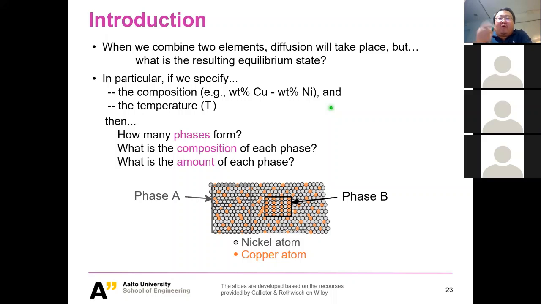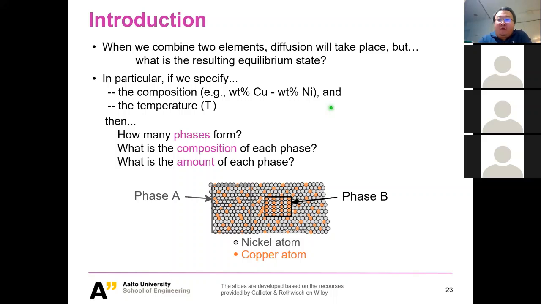So here we are already talking about phases, and what the composition of each phase is and what the amount of each phase is. So these will be the guiding questions for our lecture about the phase diagram.